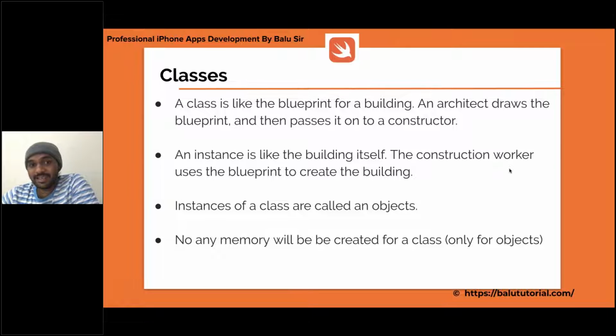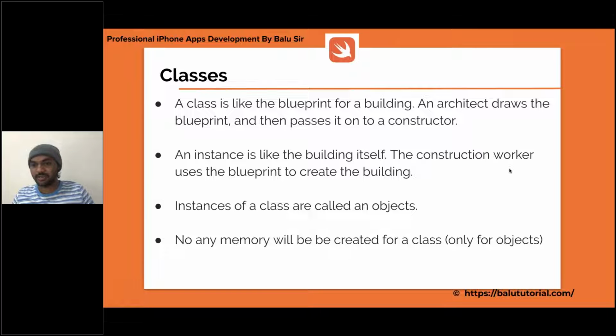A class is like a blueprint for a building. An architect draws the blueprint and then passes it to a constructor. So what's the meaning of this? A class is a blueprint of your entity. In general terms, I want to construct a building.